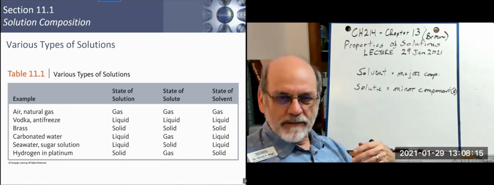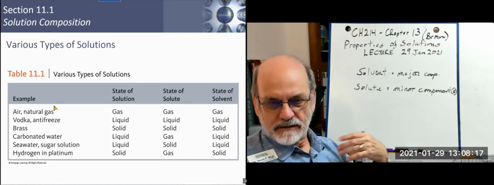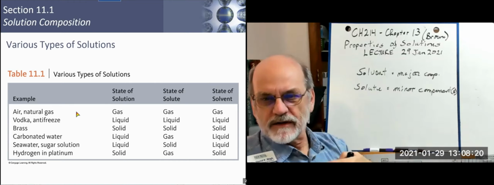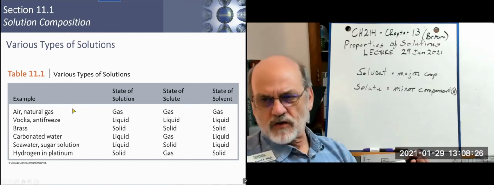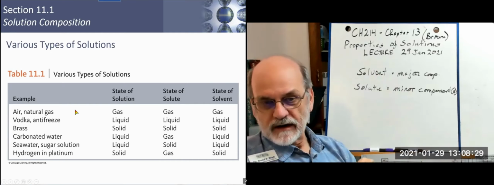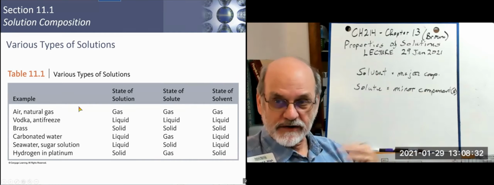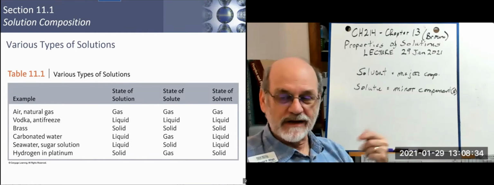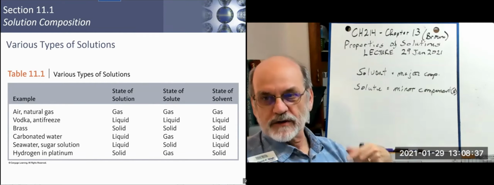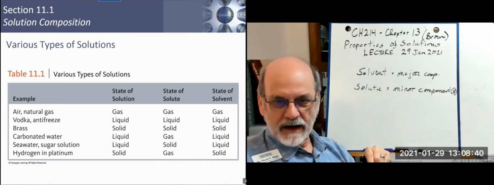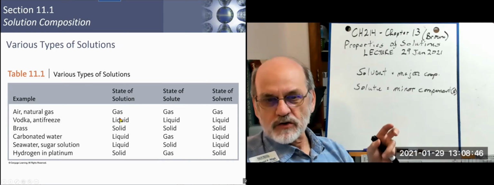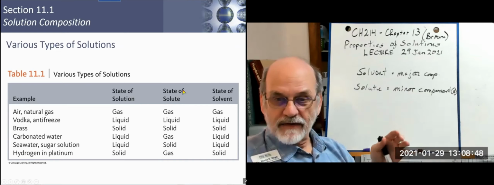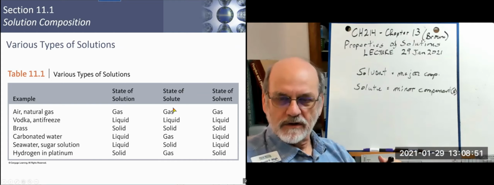Okay, so these are various types of solutions based upon the phase. So air that we breathe, even natural gas straight out of the well, is a homogeneous mixture of various gases. Air is predominantly nitrogen and oxygen, with some other minor components in it. But the state of the solution is a gas, of course, and the original state of the solute and the solvent, either one, is gas.